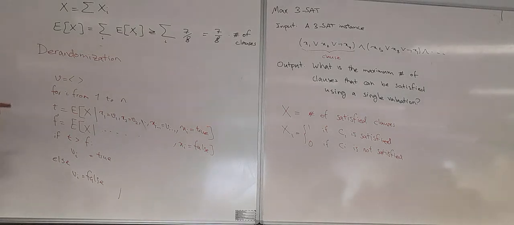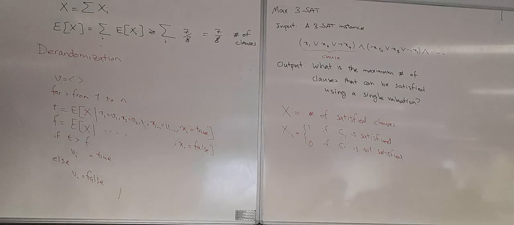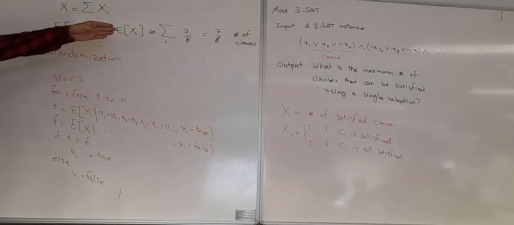Now, the nice thing is that this de-randomized algorithm is not really using my randomized algorithm, it's just analyzing my randomized algorithm. There is no randomization here. This is a deterministic algorithm. It's just using the computation of this expected value to decide where to go. And you can easily prove that now this deterministic algorithm also gives us a 7/8 approximation.